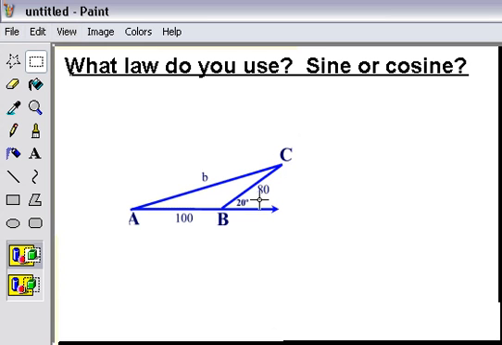Now, here's a straight line at the bottom, and the angle on the outside is 20 degrees. And we know that for any straight line, the angles have to add up to 180. So if you take 180 and subtract 20, you get 160. So this is 160 degrees right here.